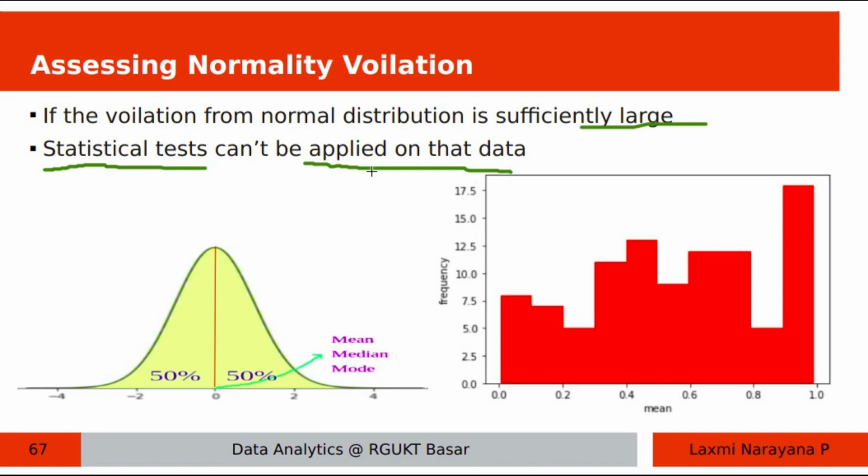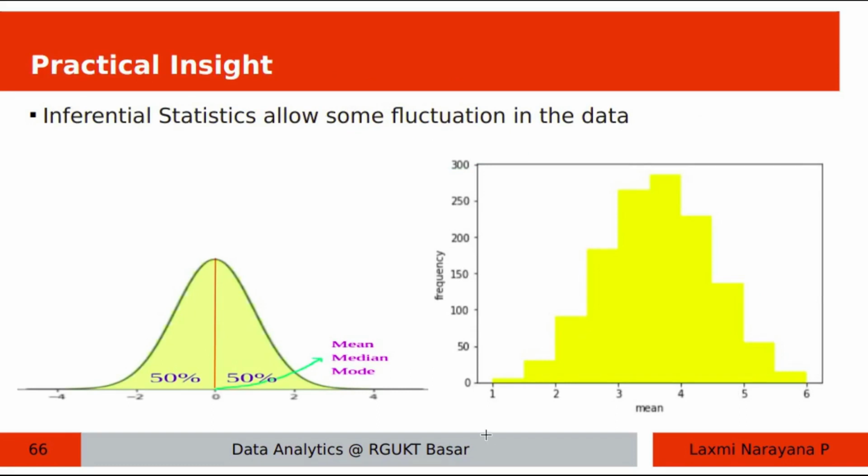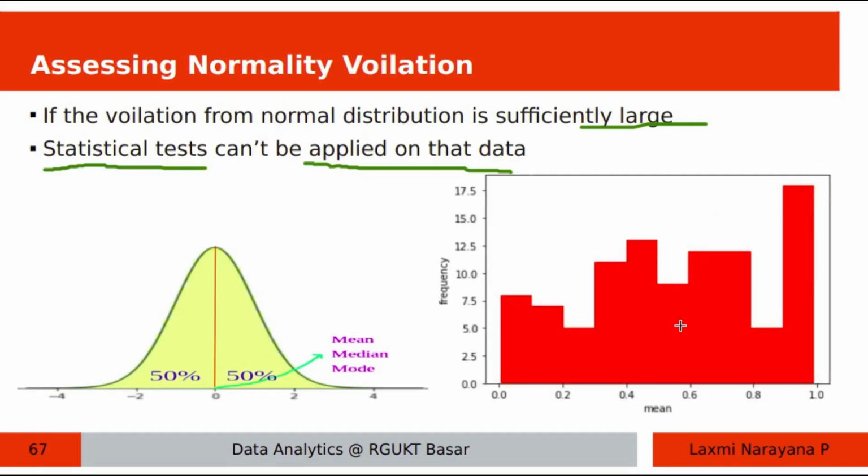Even if you apply, it will give you wrong results. If data is distributed like this, means variation is very large when compared with this distribution. You cannot use parametric tests on this distribution. Even if we use, we might end up with wrong results.